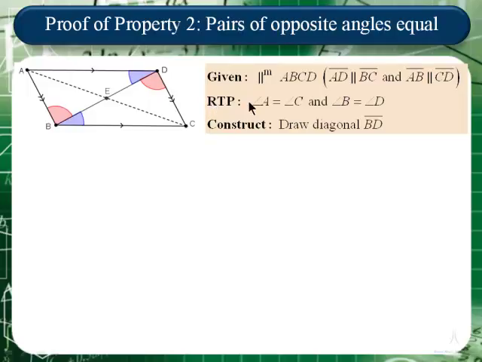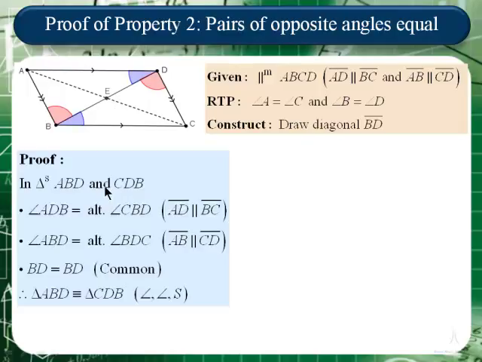It's required to prove that angle A is equal to angle C and angle B equals angle D. As before, I construct a diagonal, thereby dividing this parallelogram into two triangles, namely triangle ABD, the one at the top, and triangle CDB.